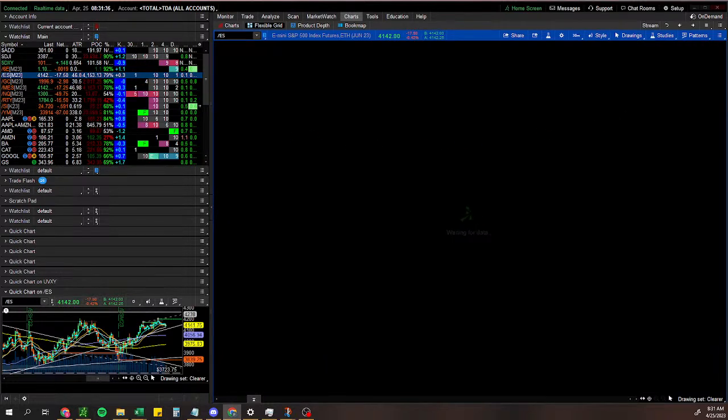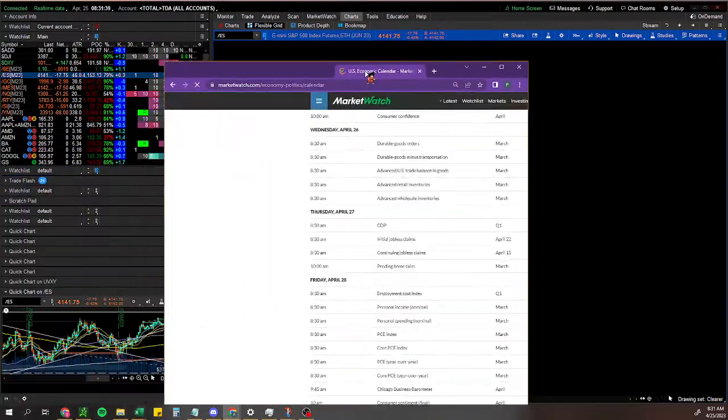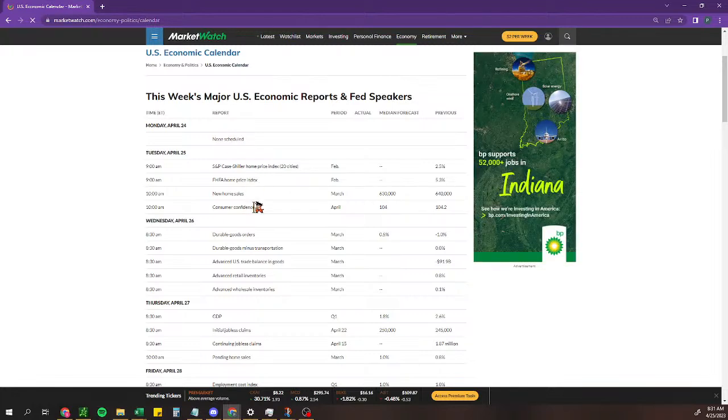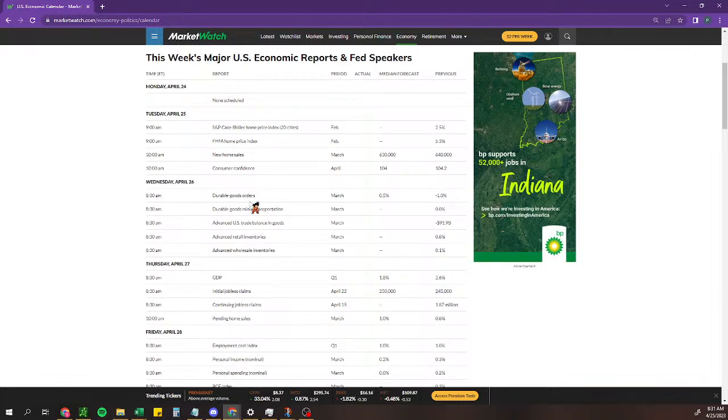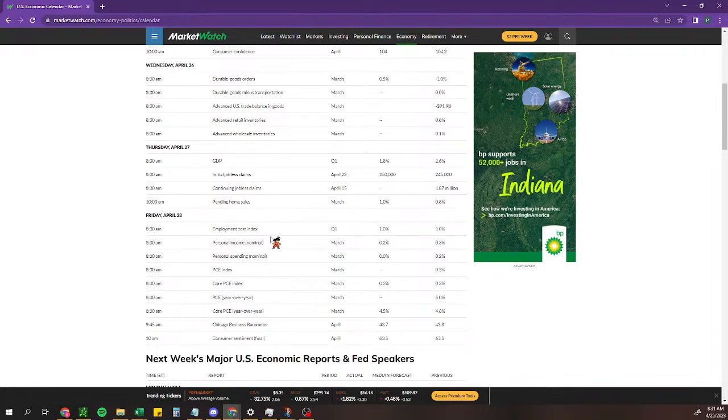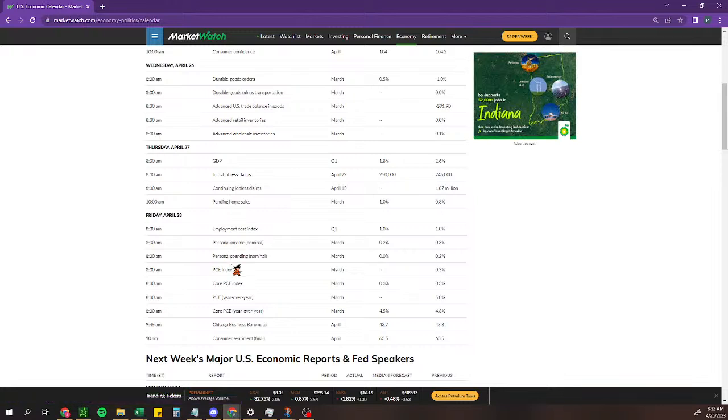And while we wait on that to load, let's pull up our economic calendar for the week. Had nothing yesterday. Today we have a little bit at 9 a.m. and 10 a.m. Some homes data basically all around. A little bit of consumer confidence. Tomorrow we have some durable goods, some retail inventories, and then the big ones on Thursday and Friday.